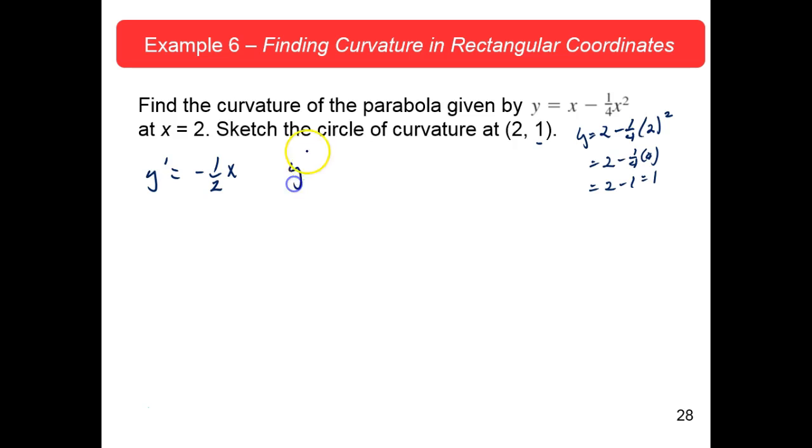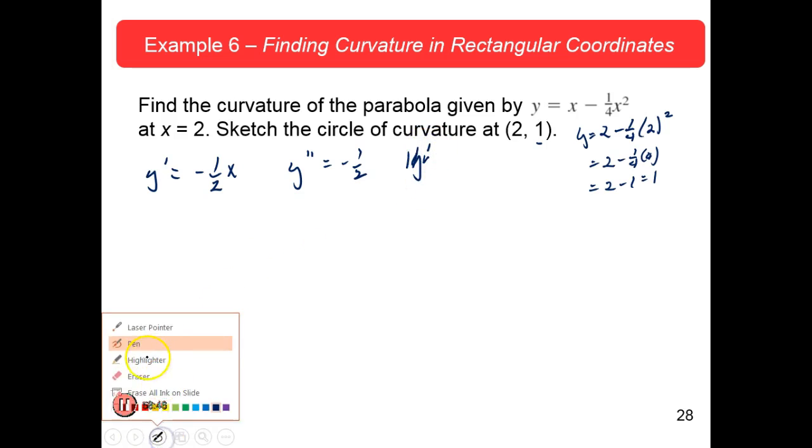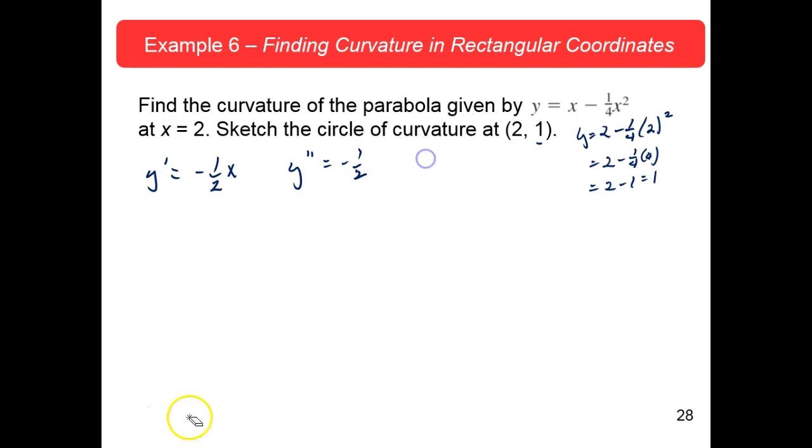Your y double prime is going to be minus 1/2. And that's what we need in the numerator, the absolute value of y double prime. Yuck. So hard to read.